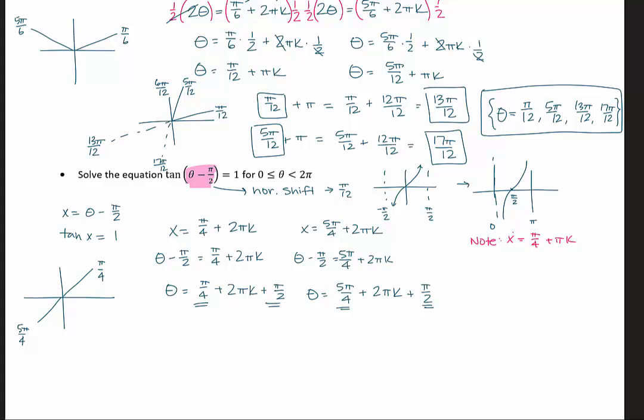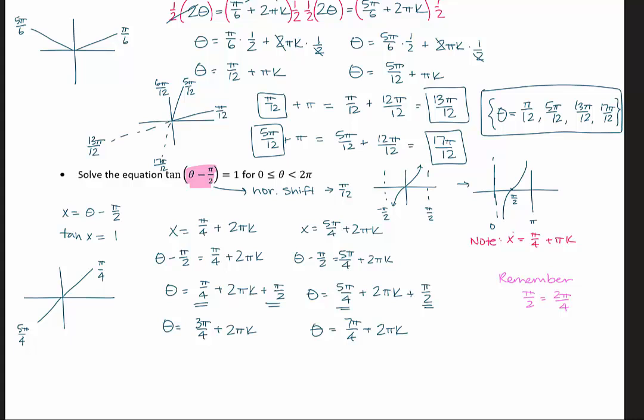And then an important thing to remember is that pi over 2 is equal to 2 pi over 4. So now when they have common denominators, I can easily add them together. So theta would be equal to 3 pi over 4 plus 2 pi k. And then over here, we have 2 pi over 4 for this, so I would have 7 pi over 4 plus 2 pi k.